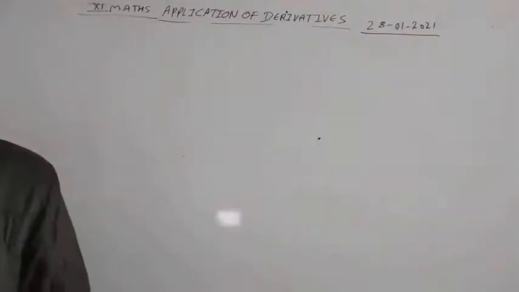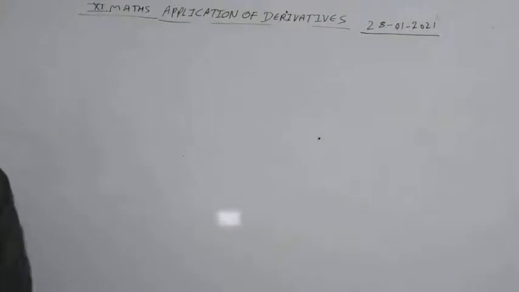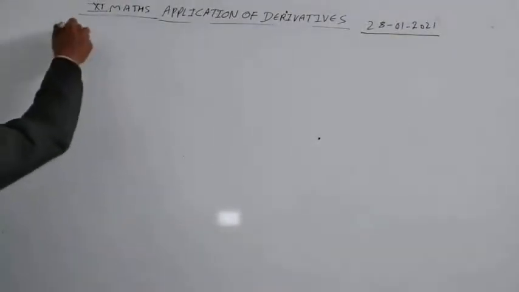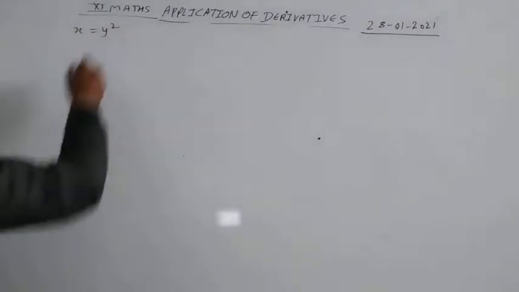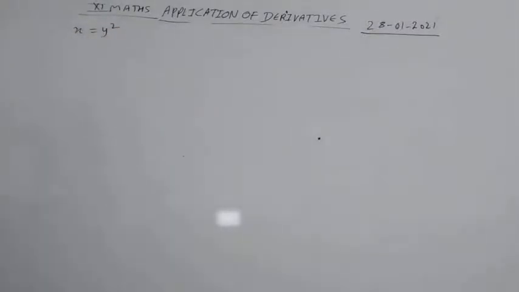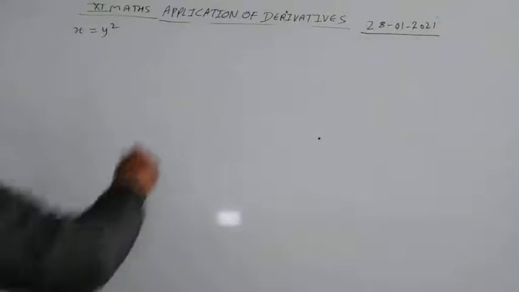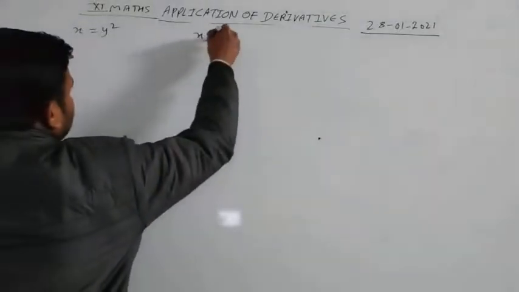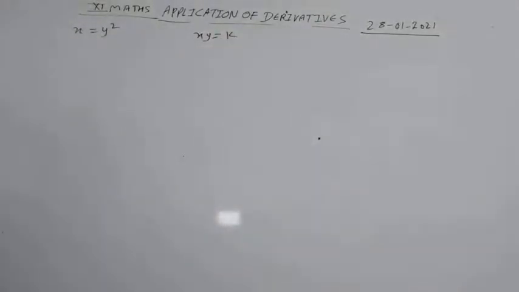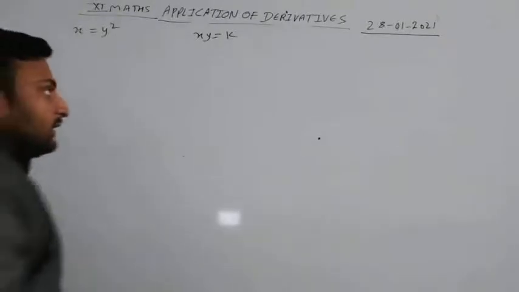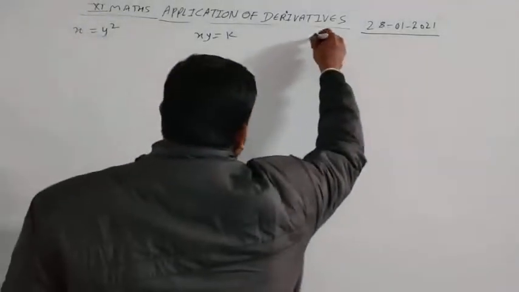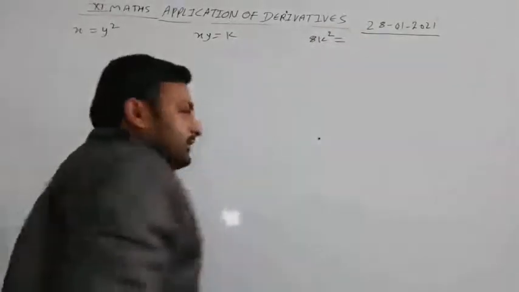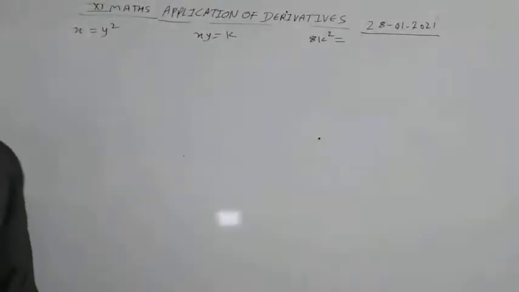Now next question, student: show that the curves x = y² and xy = k cut at right angle if 8k² = 1.